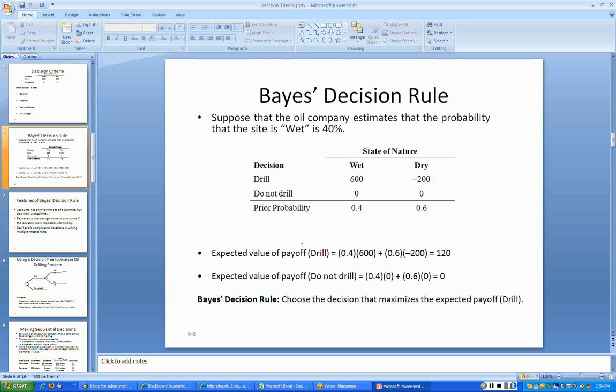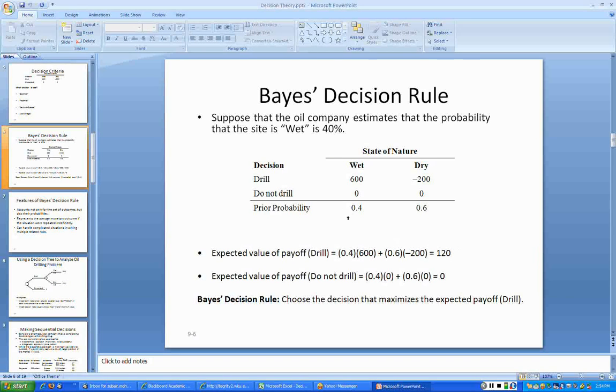If that is the case, the Bayes criteria says take the expected value. There is a 40% chance that we make $600,000. There is a 60% chance we lose $200,000. So that's what you see here. Take that weighted average of those payoffs with respect to the probabilities. So that's about $120,000. The average expected payoff is $120,000.